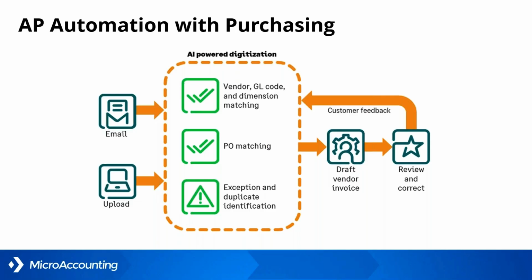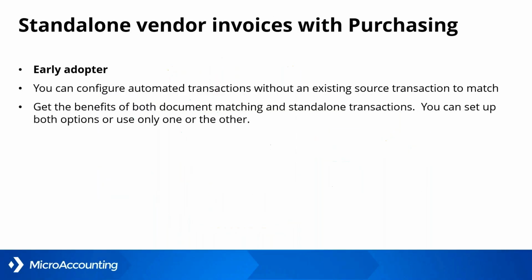It will report any exceptions and identify any duplicates, and then it will create a draft vendor invoice, give you the opportunity to review that, make any corrections, and then any feedback goes back through the AI-powered digitization for it to learn that, so that the next time it gets that invoice in, it has learned over time how you are making corrections to those if applicable.